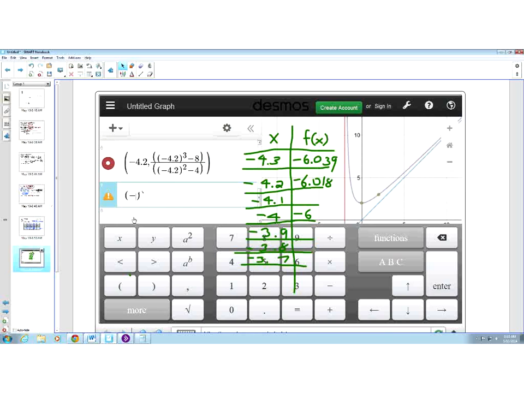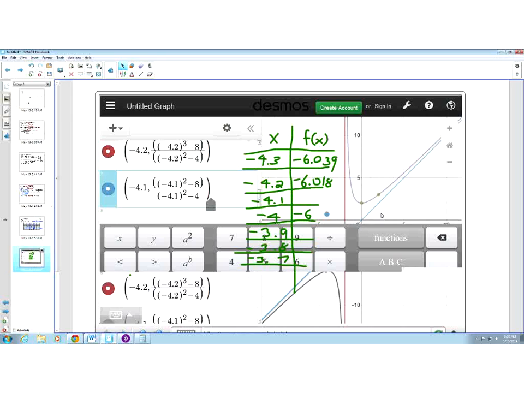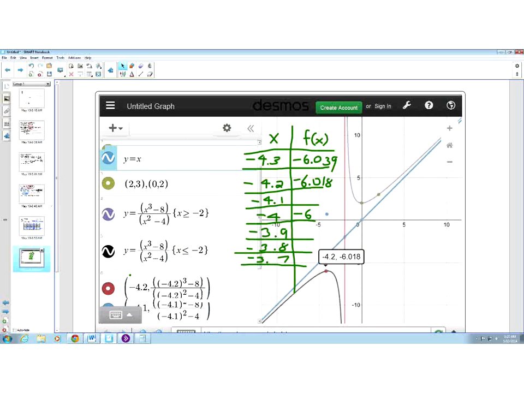So we'll go negative 4.1, comma, negative 4.1 squared minus 8 divided by negative 4.1 squared minus 4. And that would be the blue dot. So let's see if it shows the blue dot today.